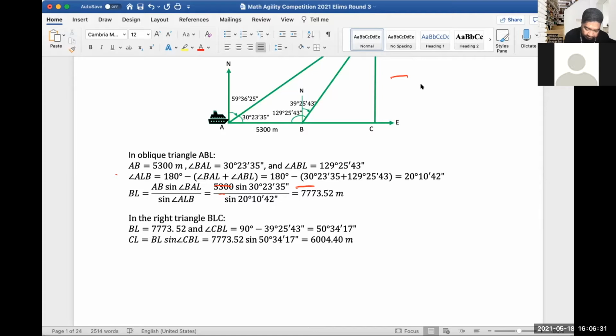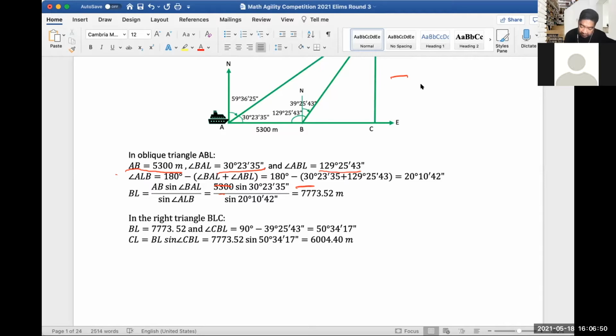So this is 5,300 meters for AB, and then angle BAL, as we have solved, is 30 degrees, angle ABL is 129 degrees, 25 minutes, 43 seconds.